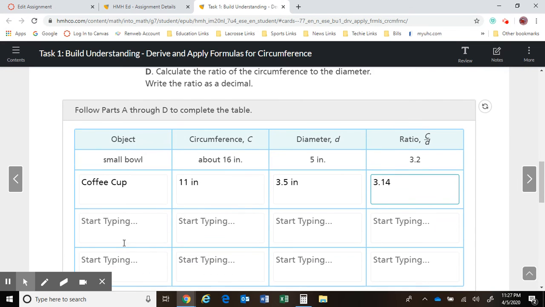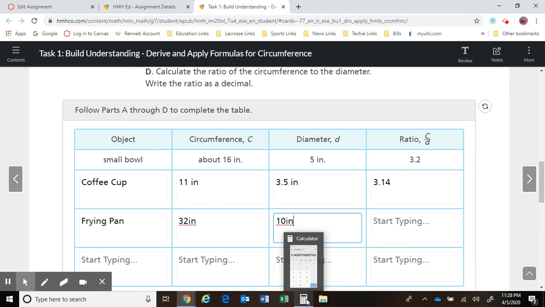Then I found a big frying pan that I had. My frying pan had a circumference of about 32 inches, rounded a little bit higher there, and a diameter of 10 inches.